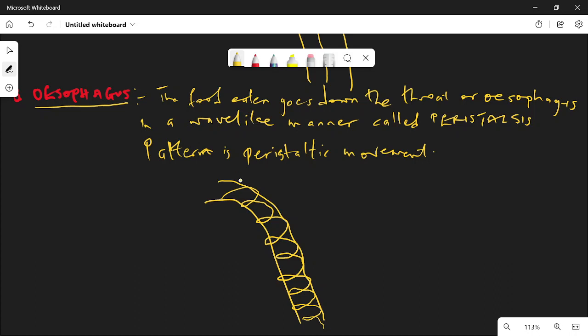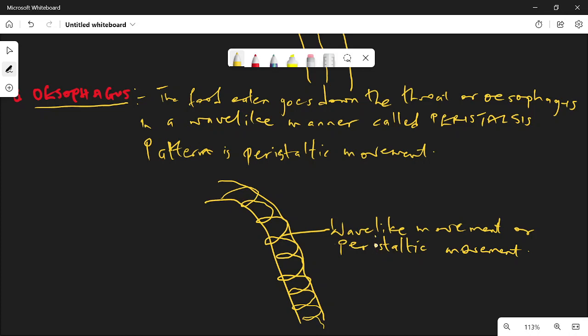So this movement is what we refer to as the wave-like movement, or peristaltic movement.